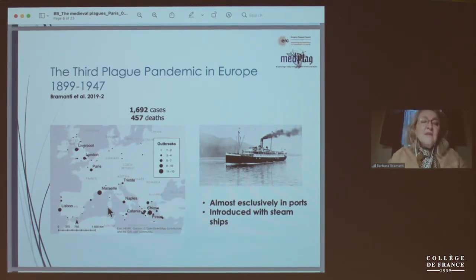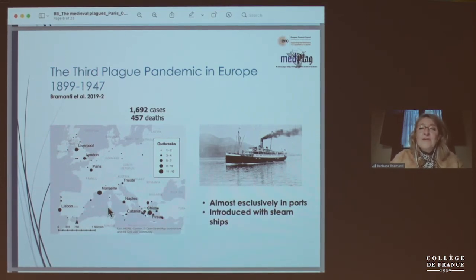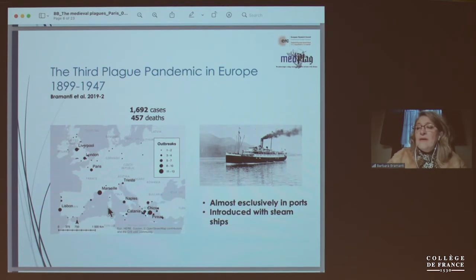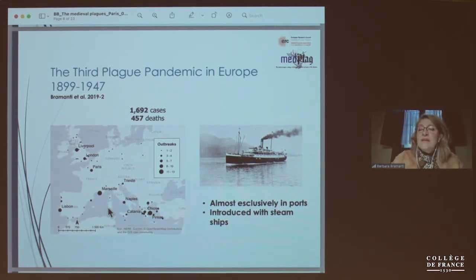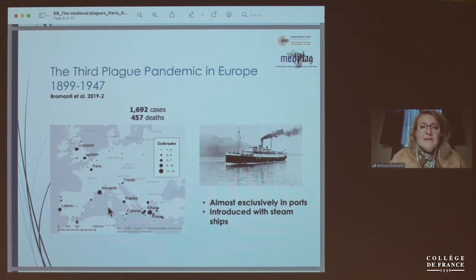So in a study of 2019, we considered the cases of plague in Europe starting from 1899. There were also some other cases before, but let's say from 1899. All these cases were notified to the CDC, therefore they are at disposal, and we took that from the repository, analyzed them, and placed them on the map.